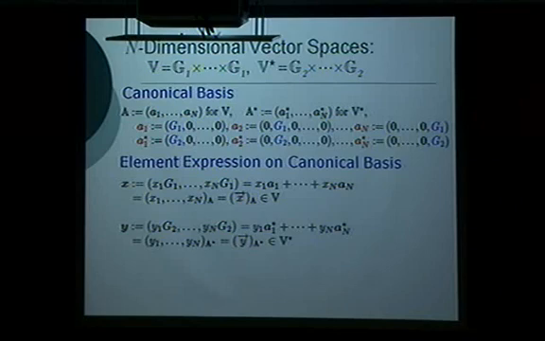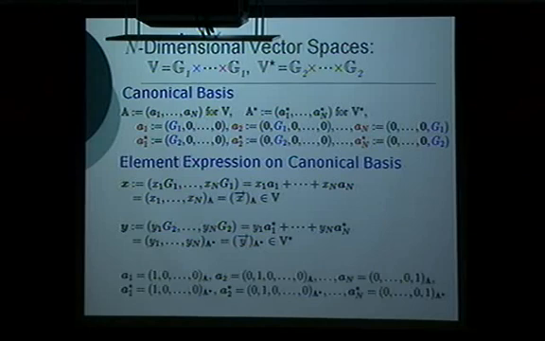Okay, so then it's a very natural expression of an element in a vector space, and similarly we can do it like this. And the canonical basis itself can be expressed by this form of coefficient vector expression.